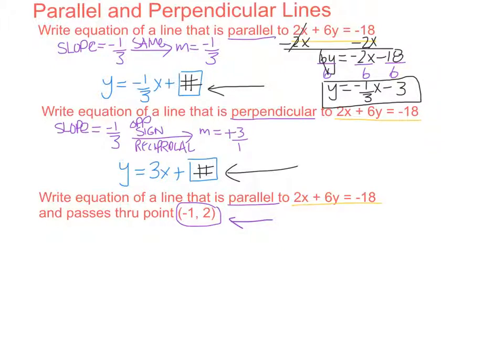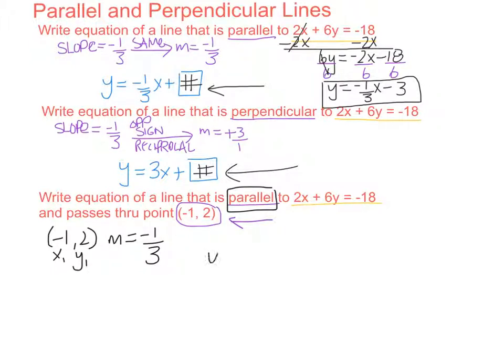So we're going to have to take that point, -1, 2, and the slope of -1/3. And I note that I chose -1/3 because they said parallel. And I'm going to use point slope form. So here's my x sub 1 and my y sub 1.